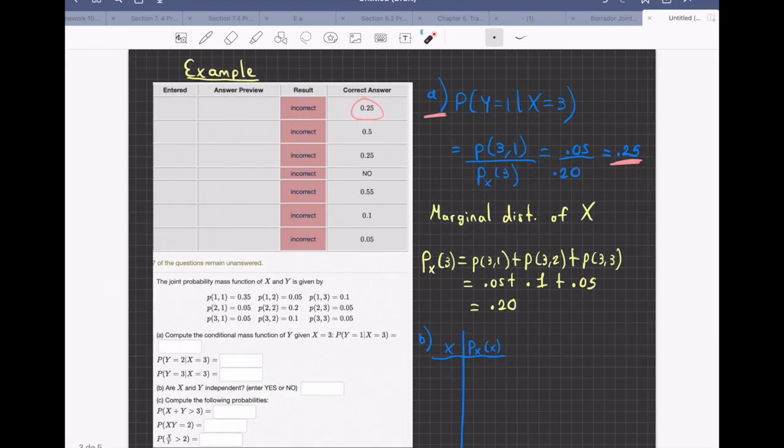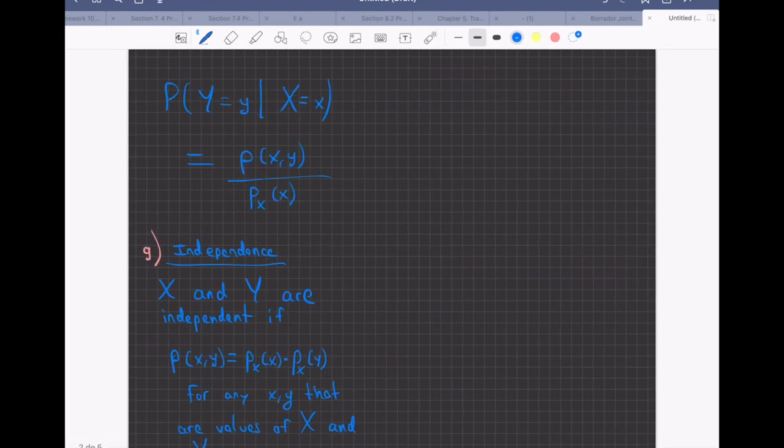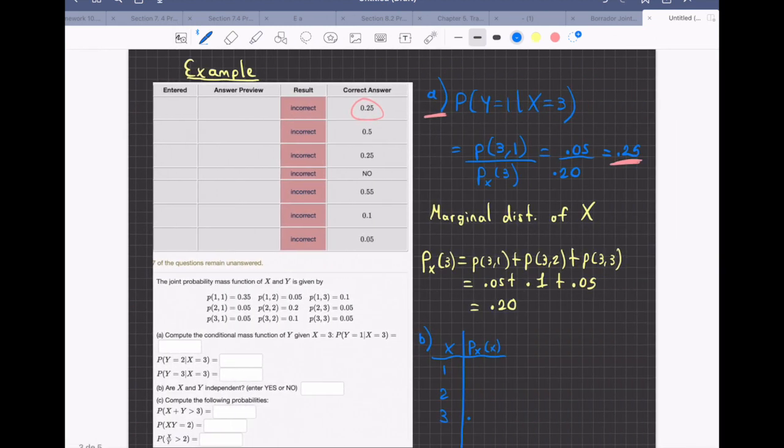Notice the values for x go from 1, 2, up to 3, so I put here 1, 2, and 3. We already computed the marginal probability for 3, that is 0.20, so I can put it here. But now I have to compute it for 2 and 1.